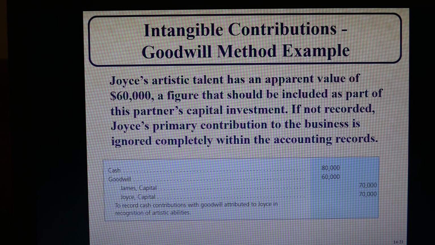And so these are arm's length transactions that we're dealing with in acquisitions. So we have some objective decision making going on in determining the purchase price of a company.